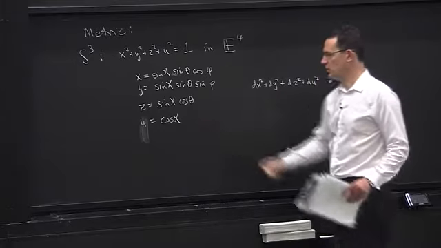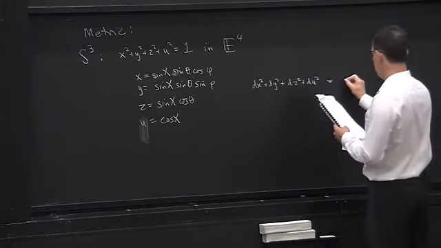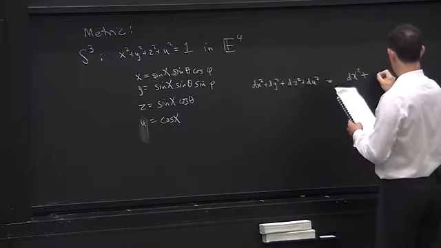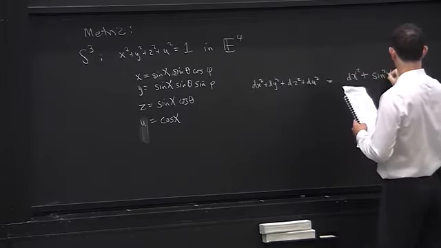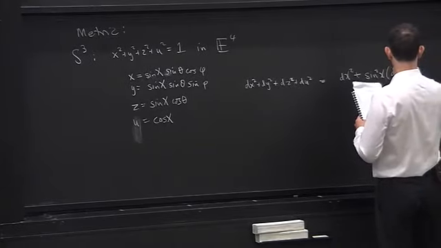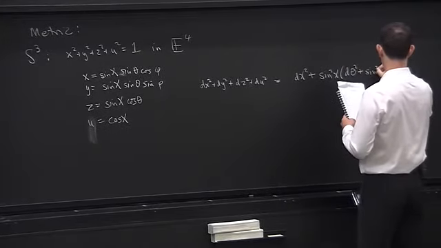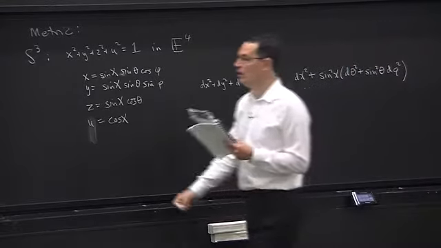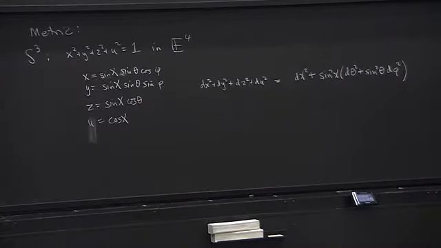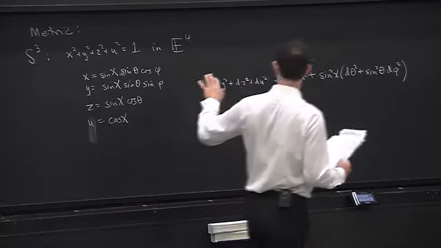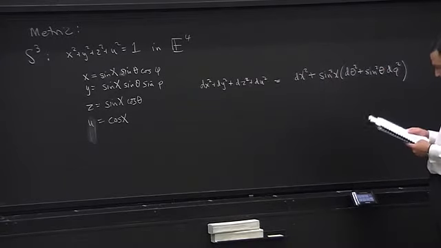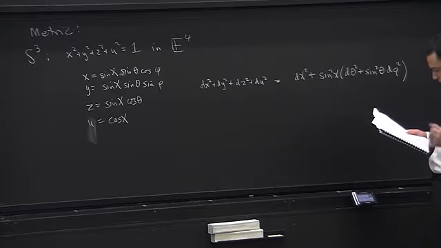And I just plug these formulae into it, and what you'll find is d chi squared plus sine squared chi times (d theta squared plus sine squared theta d phi squared). And so that's the metric on S3, which has maximal symmetry, also called the round metric on S3.